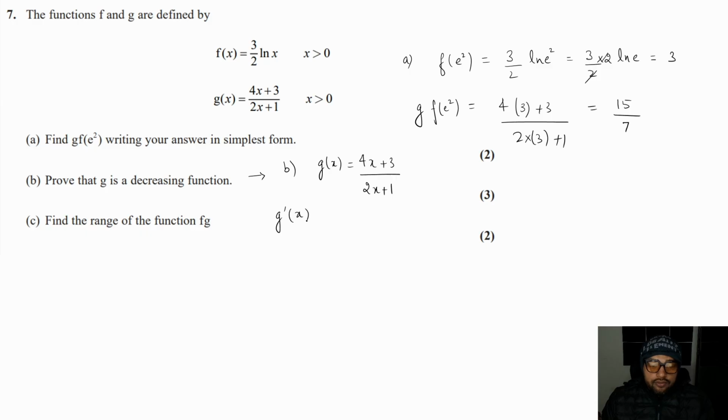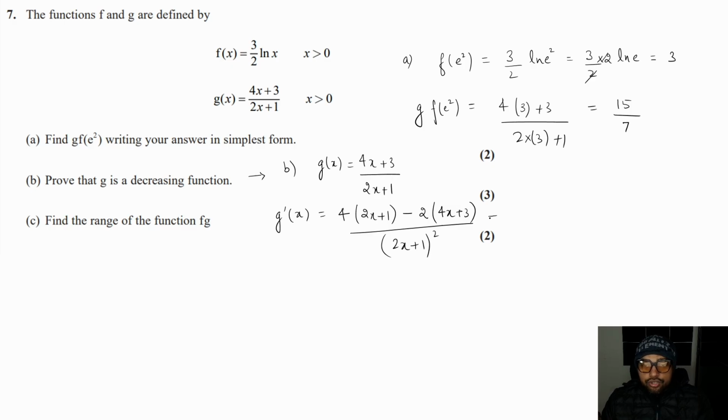So g prime of x will be equal to, first the numerator part is differentiated and the second part written as it is. The numerator here is 4x plus 3, so the differentiation of the numerator will be 4 and the denominator written as it is, minus 2. Now the differentiation of the denominator with respect to x, we'll get 2, and the numerator written as it is, 4x plus 3, by (2x plus 1) whole square.